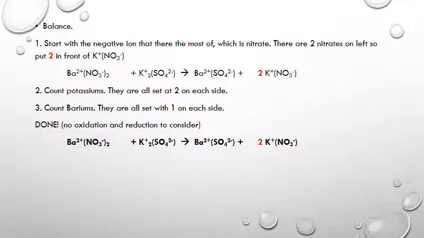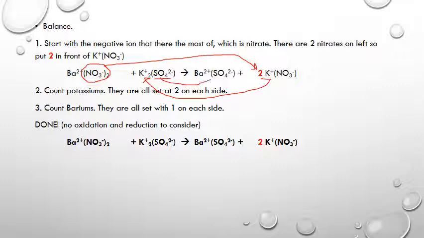Now what we want to do is balance. You're going to start out with one of the negative ions, and always start with the one that has the most. I have 2 nitrates, so I want to put a 2 here. Then I have 2 Ks, so I put a 2 here. And then I have 1 sulfate over here, 1 sulfate over here, so I'm fine.